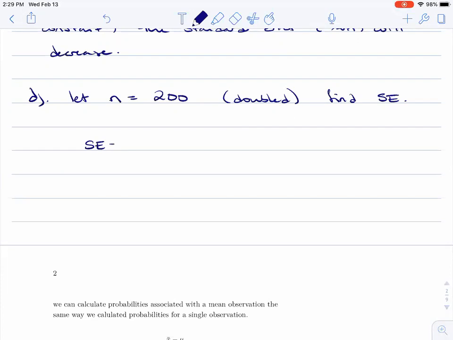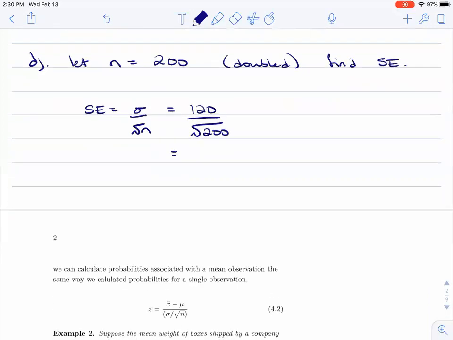So the standard error is sigma over root n, which is, what was it, 120 over the square root of 200. I get 8.48528137.